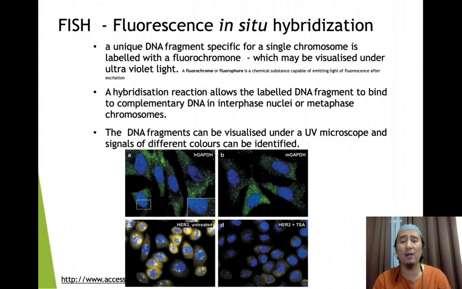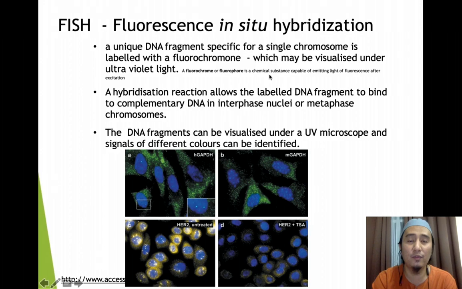You don't extract it out, you just put the probe directly into the cell, and the probe will hybridize with the target and give fluorescence in situ. So you can observe it in situ. In FISH, a unique DNA fragment specific for a single chromosome is labeled with fluorochromes, which may be visualized under ultraviolet light.